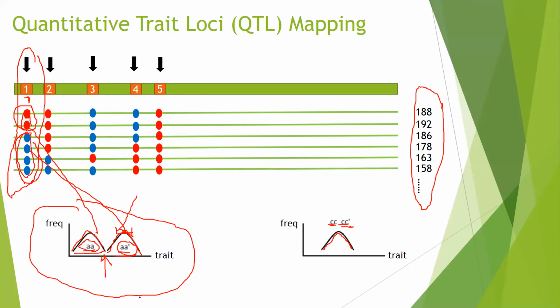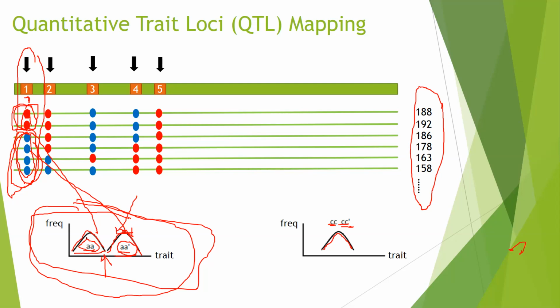Yes. Okay, now let's translate this information into the genetic mapping. So if you got the results like this, it means this marker, actually the genotype of this marker, can separate this study sample into two subgroups with distinct trait values, right?